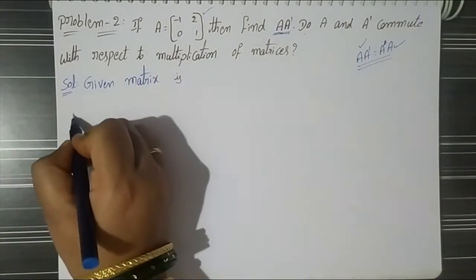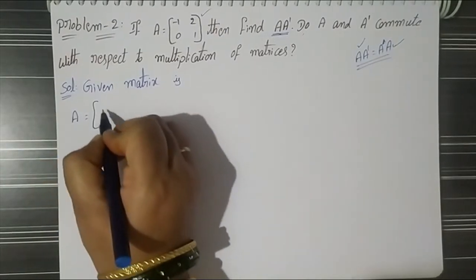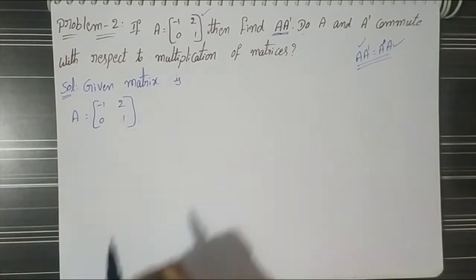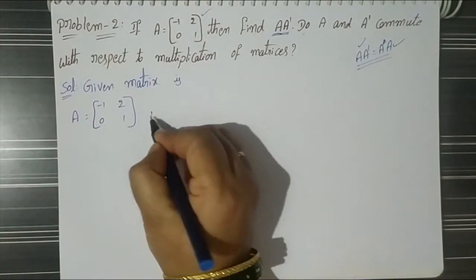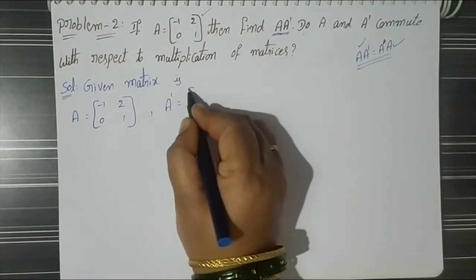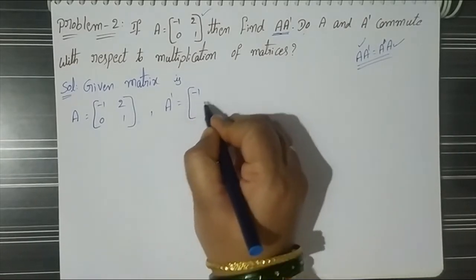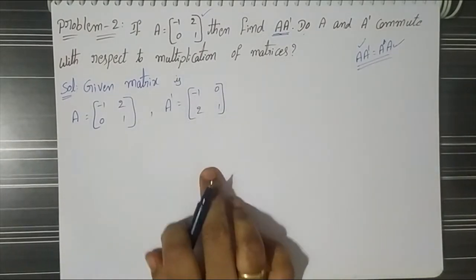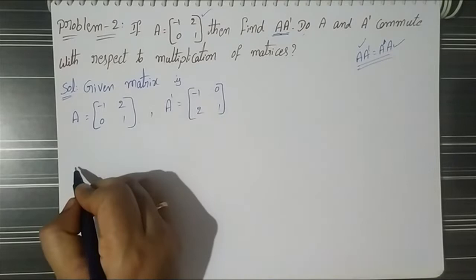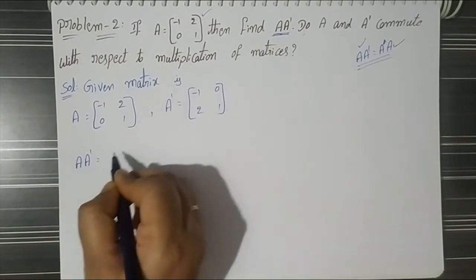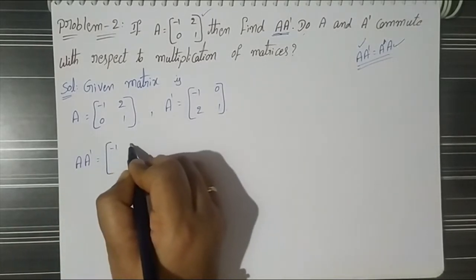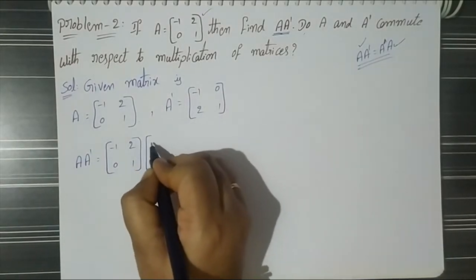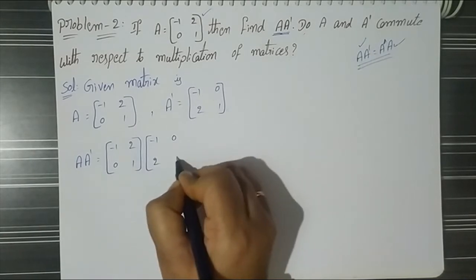A equal to minus 1 2 0 1. This is matrix A. Next we can find A dash equal to minus 1 0 2 1. This is the A dash value. Next we have to find A into A dash, equal to, first matrix A is minus 1 2 0 1, into A dash value, minus 1 0 2 1.